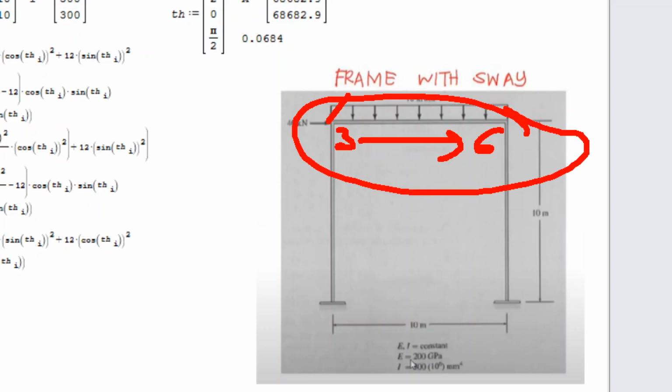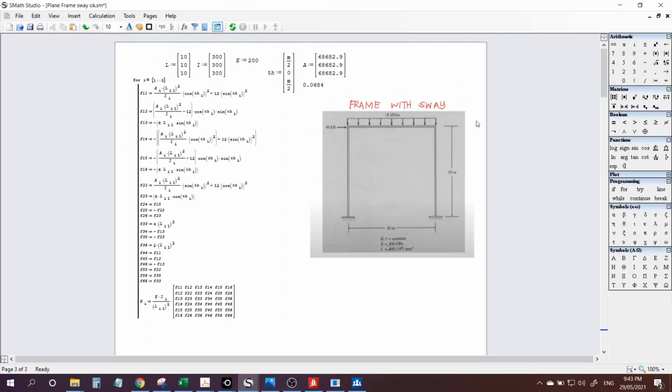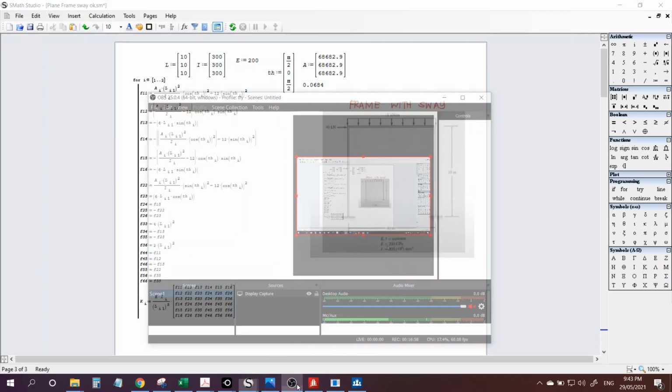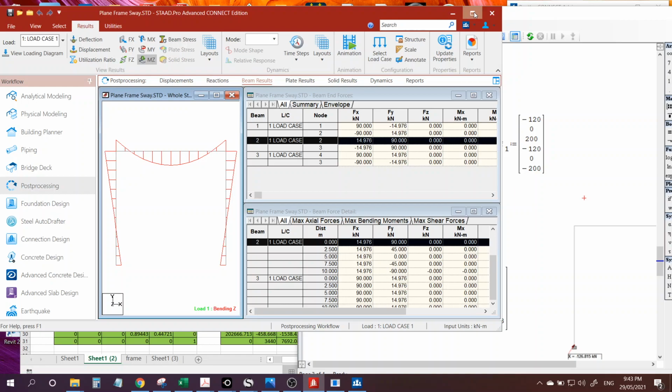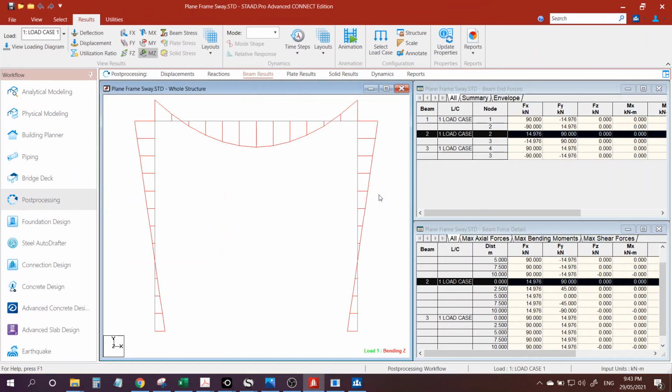It's direct, you can directly get the actions. However, the stiffness matrix becomes larger compared to just using a 4x4 beam stiffness matrix. Okay, so that's our topic for today.